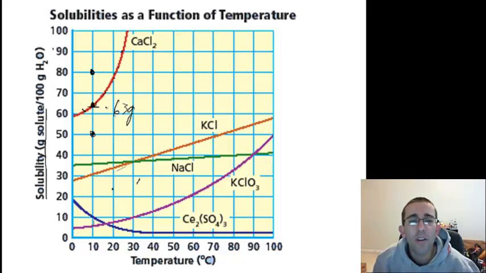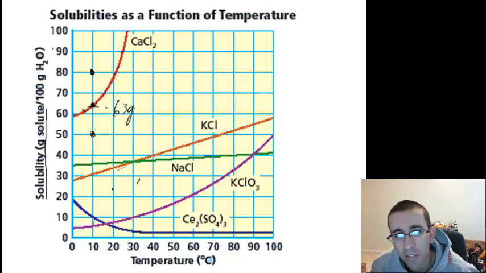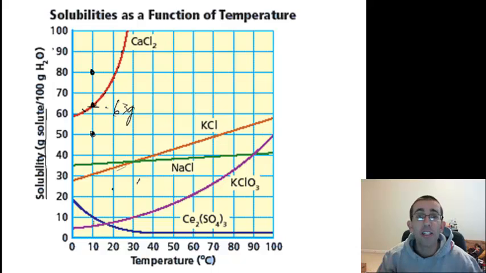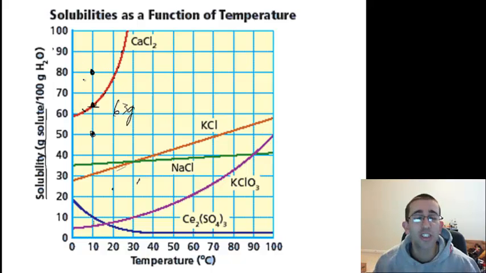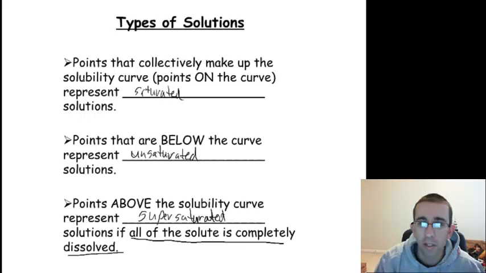So you've got to be careful on the questions that I give you on these solubility curves. You've got to look and see if it falls above the curve, is it completely dissolved or not? If it is, it's supersaturated. But if I just tell you I placed this much in, but it's not completely dissolved and it falls above the curve, then it's just saturated. We'll give some examples as we go along.